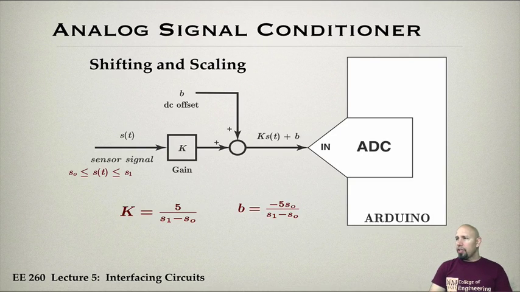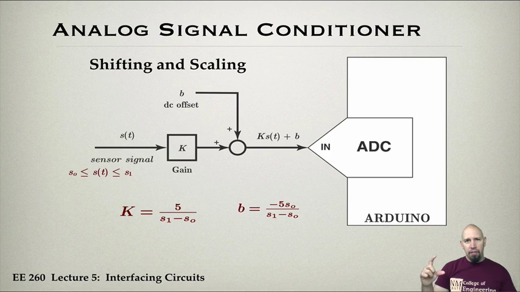So the first thing we're going to talk about is something called an analog signal conditioner, otherwise known as a shifter and scaler. Shifting and scaling is what this circuit does. We have some signal coming in. This is the signal that comes from our sensor. In order to get it into the analog to digital converter on the Arduino, we need to scale it down, and we may need to shift it.